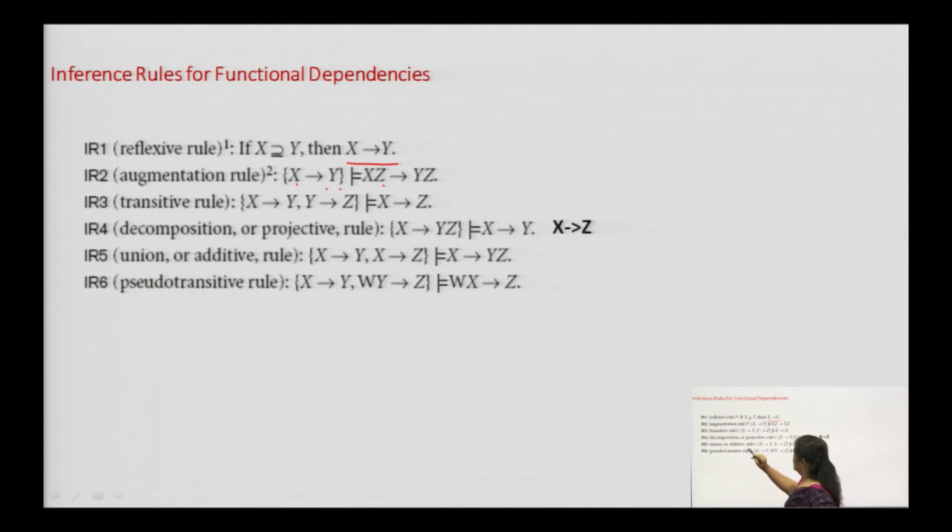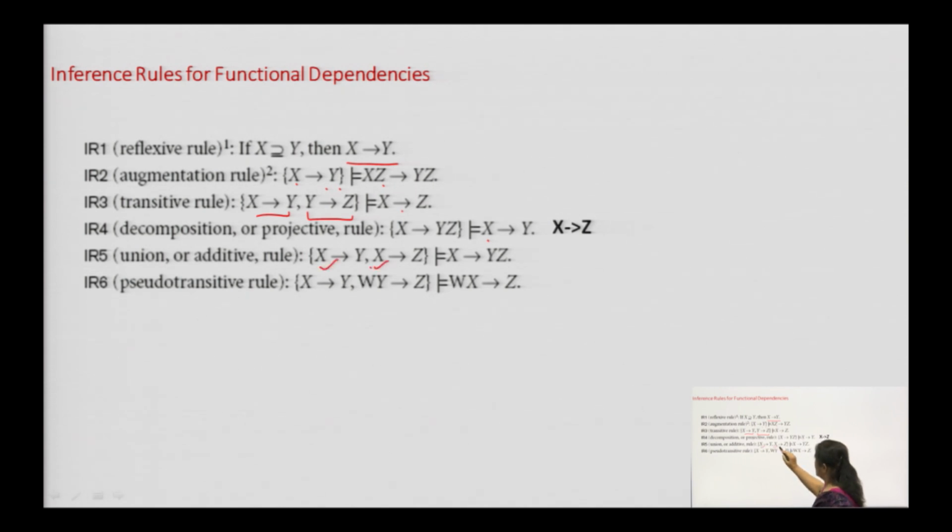Transitive: we have already done an example, x to y, y to z implies x to z. Decomposition rule: we can decompose the right hand side, that is x to yz means x to y and x to z.